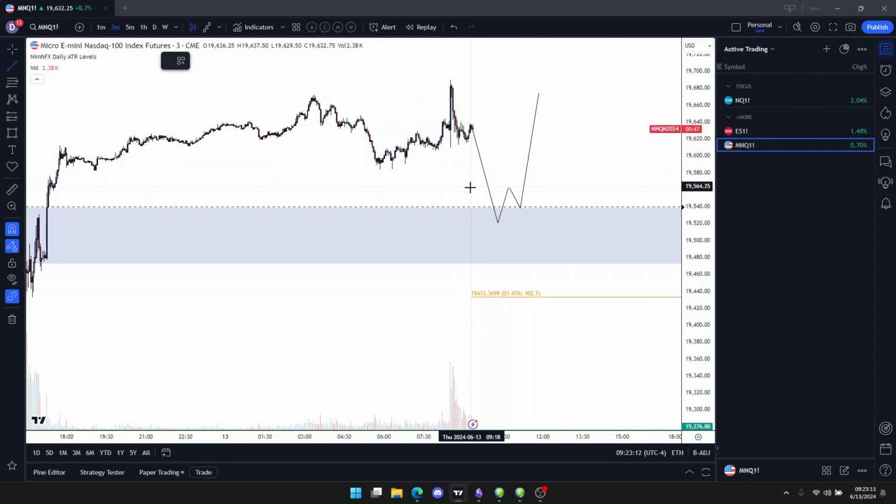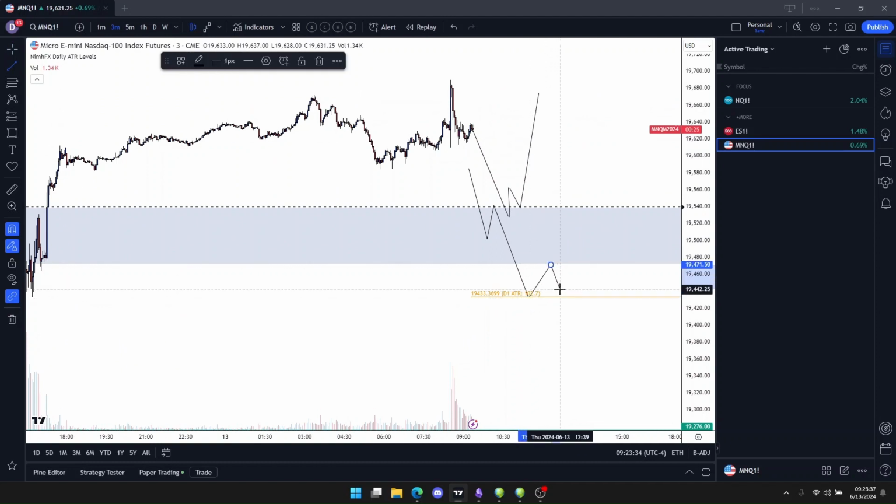Now, for the short idea, price breaks, retests, respects, and then comes down to this low. Then we've got another short if we break beneath this value area low, test that level, and then continue pushing down.